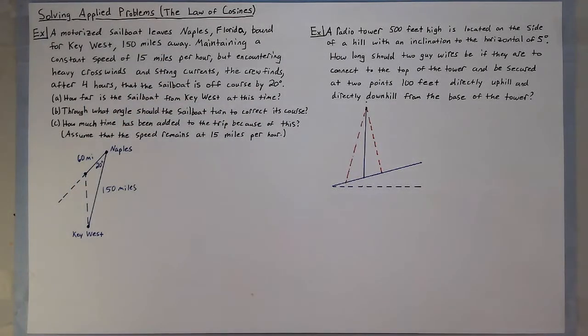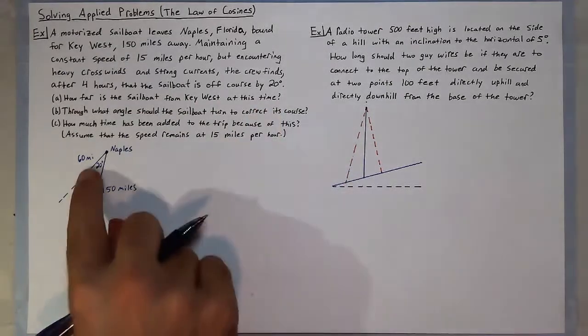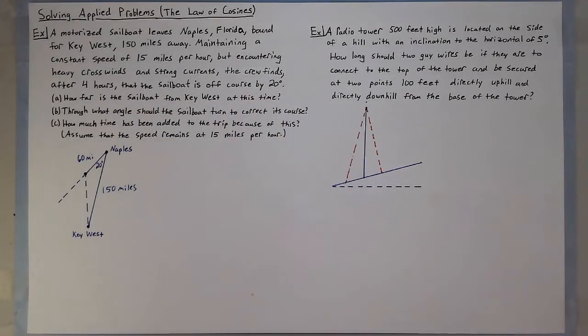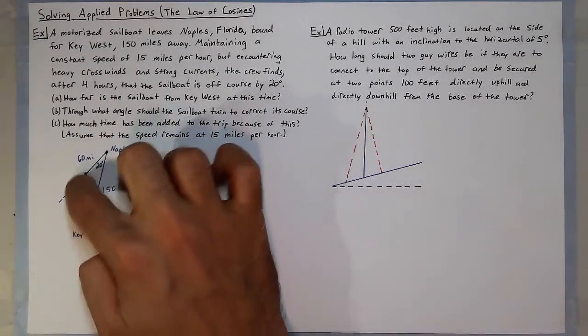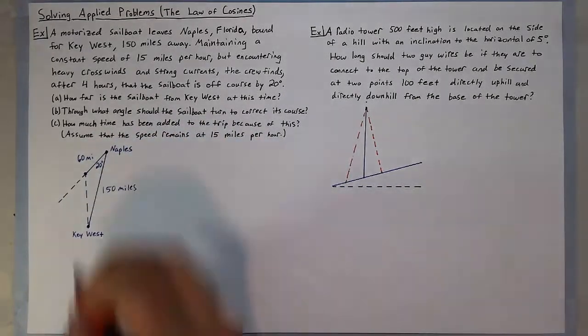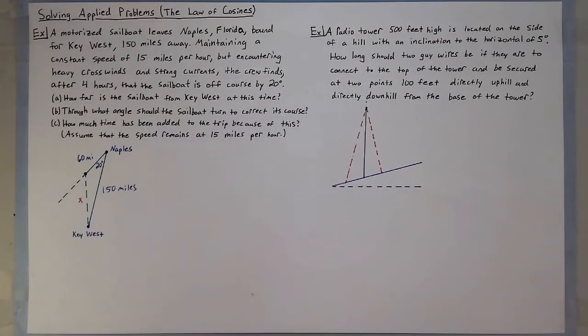So now, how far is the sailboat from Key West? In order to figure that out, I'm going to solve this triangle for the missing side, because I want to figure out what this distance is.